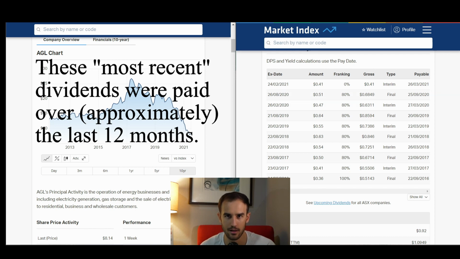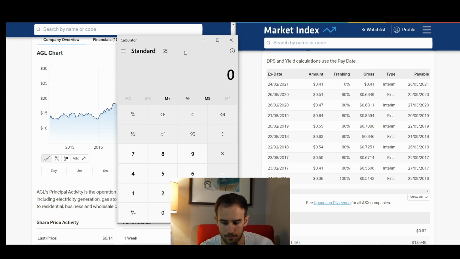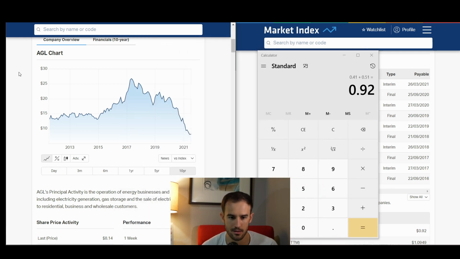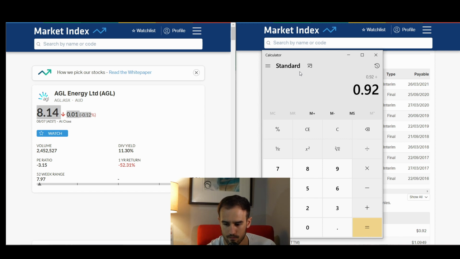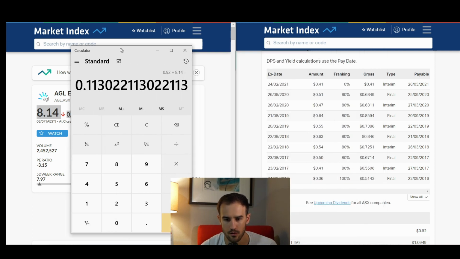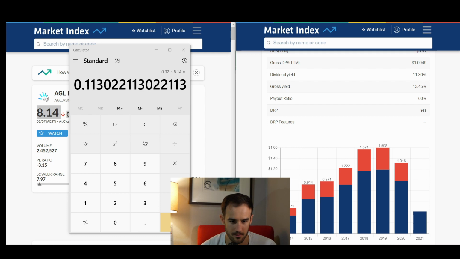So let's take the calculator out, add them up, and then take that number and divide it by today's stock price. So as you guys can see, I've just shown you how the dividend yield is calculated.